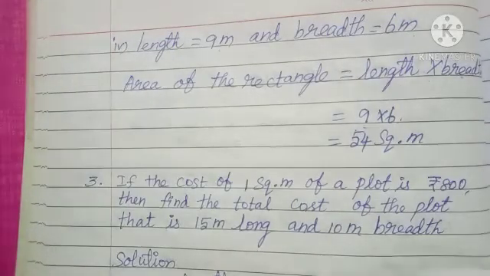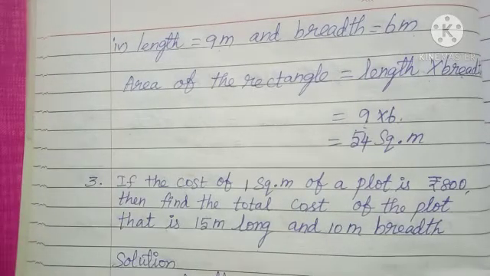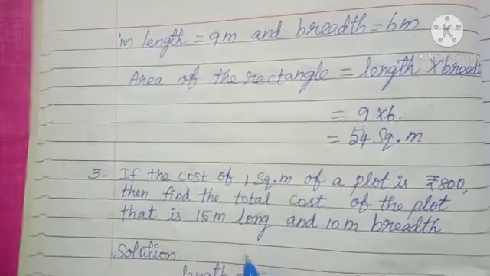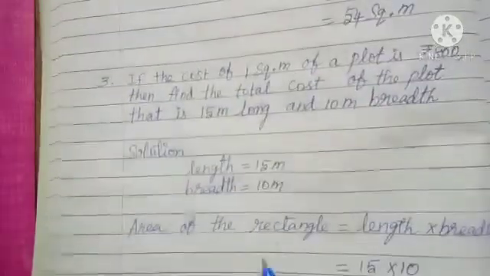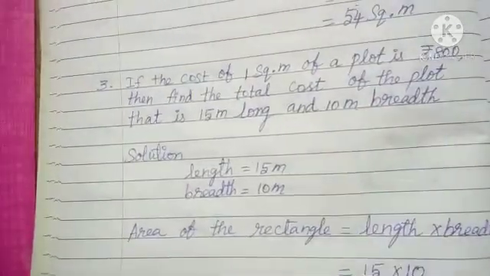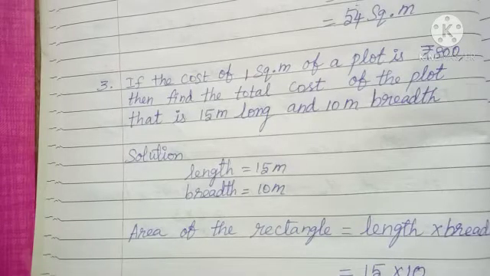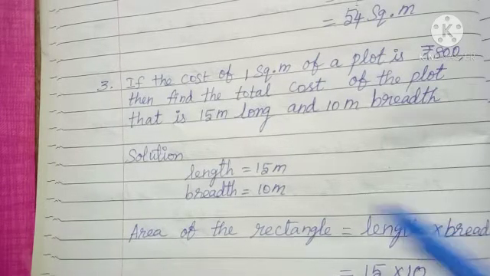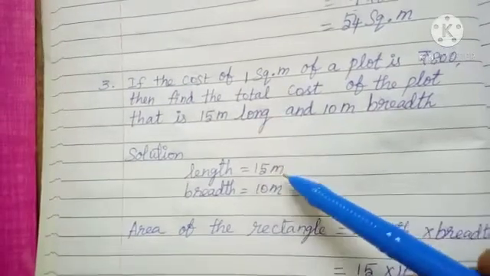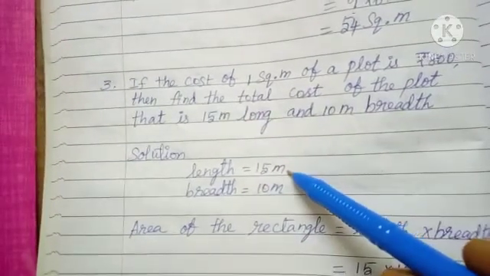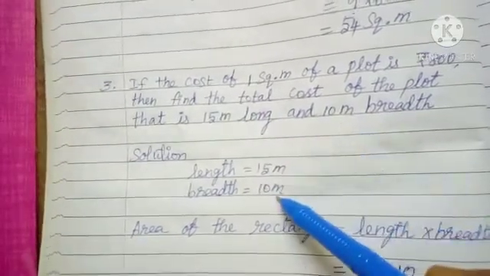So this is the sum given to you, length and breadth. Long is converted to length. So two kinds of details are given to you. Length is long. So now you take length as 15 meter, breadth as 10 meter.